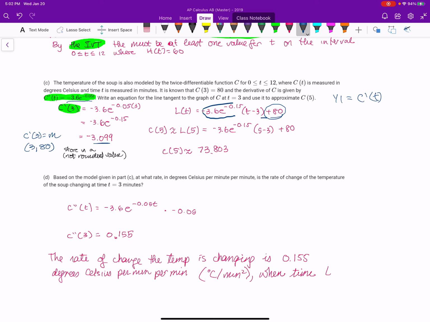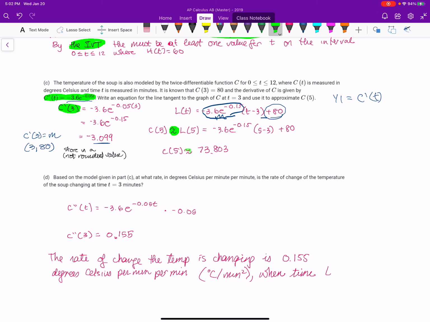So here's my slope, and then x minus the x coordinate, and then plus the y coordinate, which I moved over from the other side. And don't forget, you're estimating c at 5, so that's an approximation symbol. Because I don't know what the function actually is, I'm going to use the linear approximation by substituting 5 into that function.